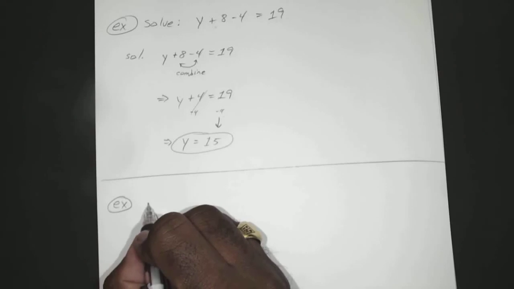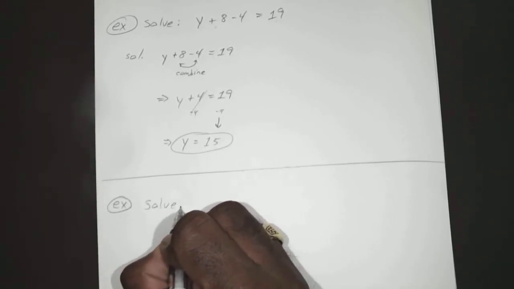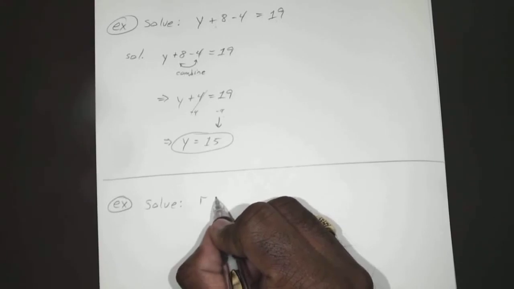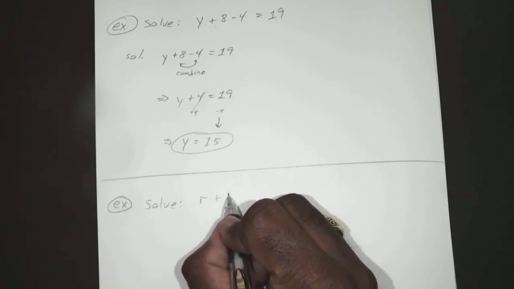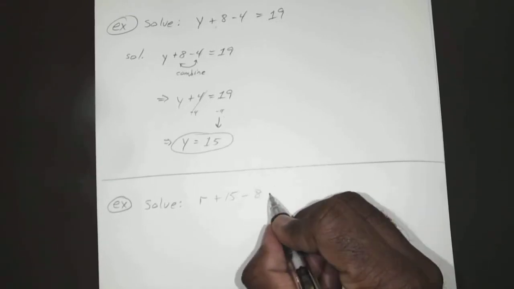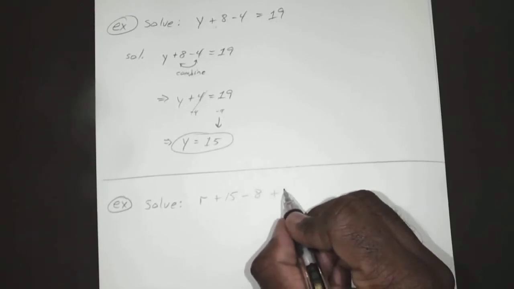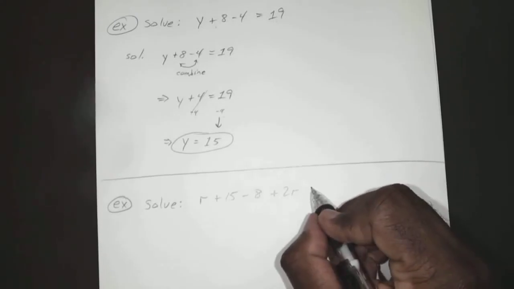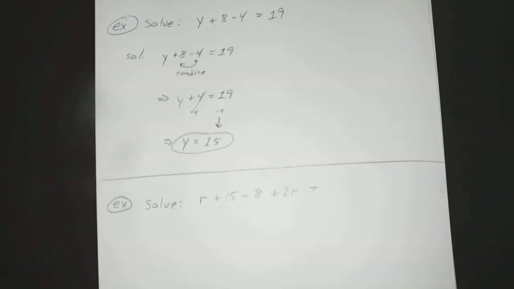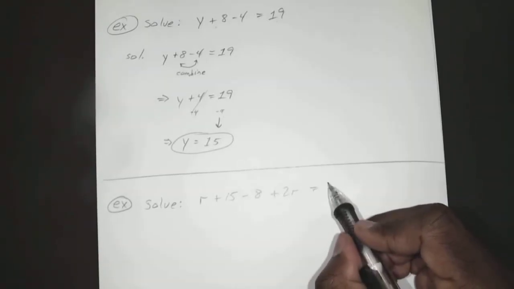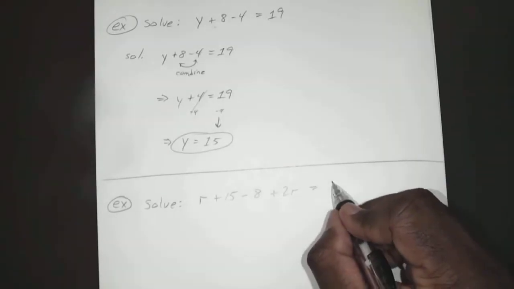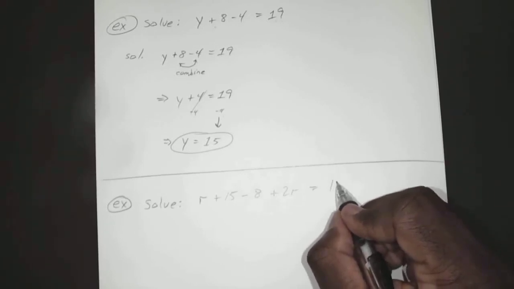Let's say we have to solve r plus 15 minus 8 plus 2r equals, let me get one that won't come out to be a fraction. Equals, I'll say 14.